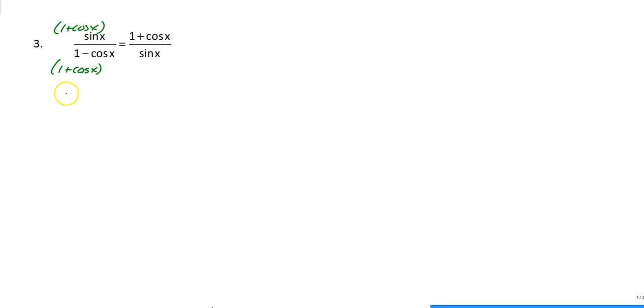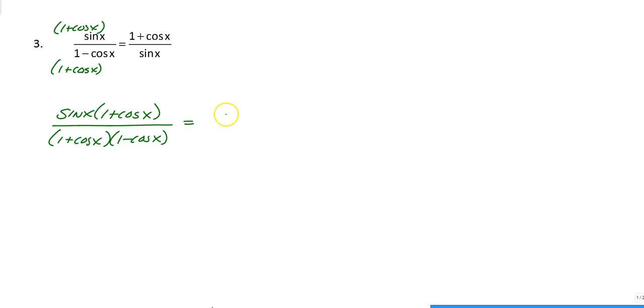If we do that, we will have sine x times 1 plus cosine x all over 1 plus cosine x and 1 minus cosine x. And of course, that's equal to our right side, 1 plus cosine x over sine x.